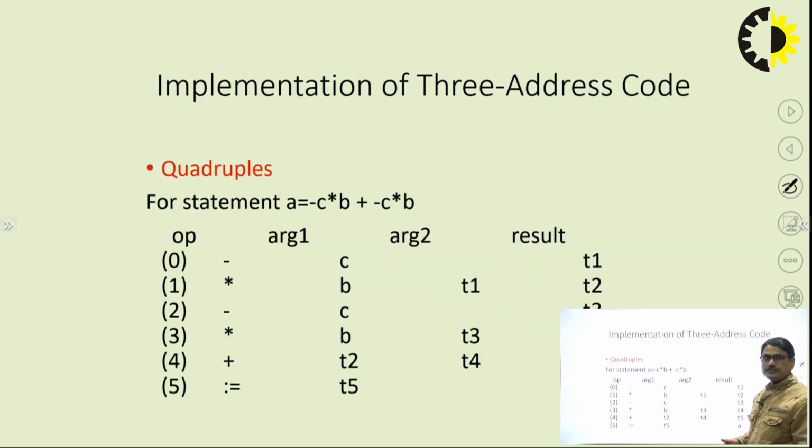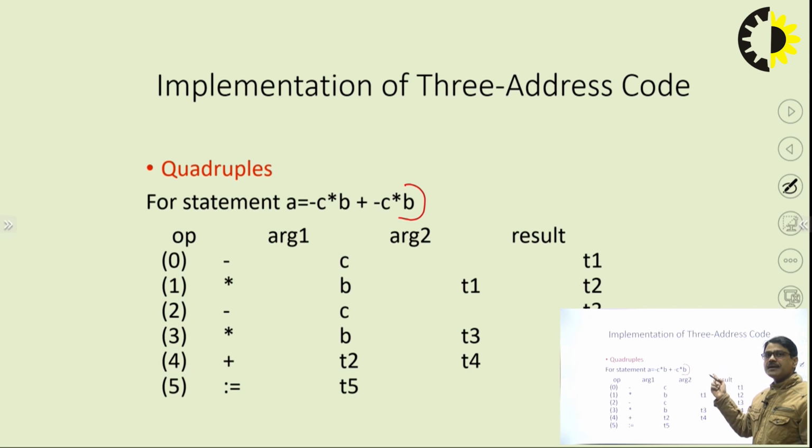Now implementation of 3 address code. When we get 3 address code, after that we are implementing or representing the 3 address code. Implementation means firstly we have to convert, like we have this expression, firstly we have to convert this expression into 3 address code, then we have to represent this 3 address code in these implementations.